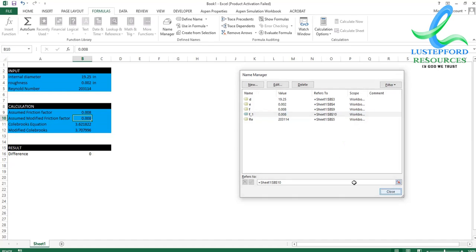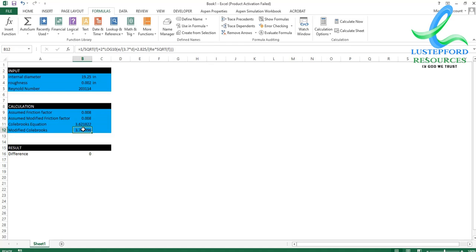Then I'll come here and change this to F underscore, is this? Where is it again? Here again. Change it to F underscore. Yes. So we'll have this.